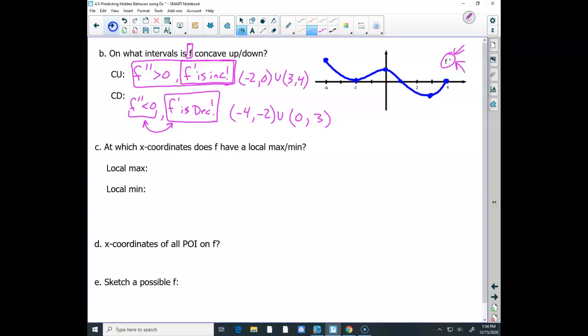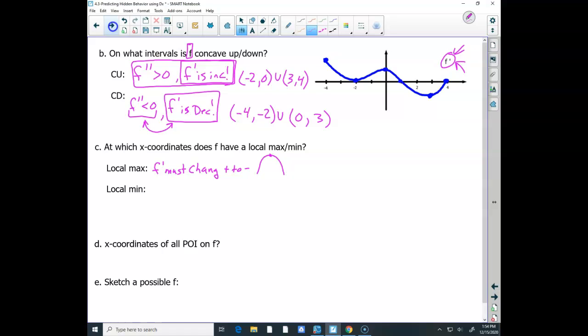Then, from there, at which x coordinates does f have a local maximum or minimum? Well, because I'm looking at f prime, f prime must change from positive to negative, okay? Remember that? That means my original function f went up and came down, creating a maximum.